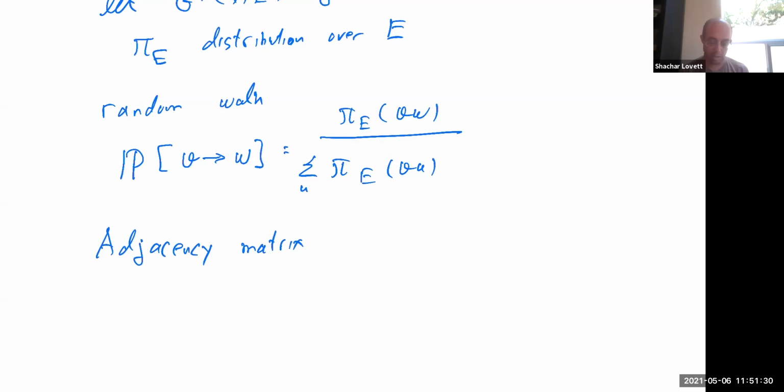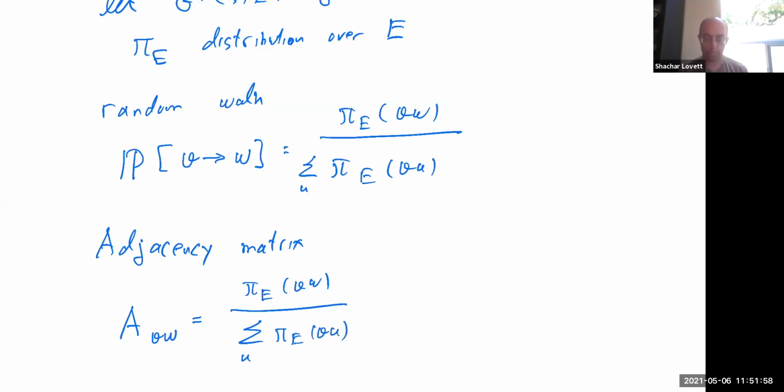I'm going to write the same expression as above, as A of V W. It's going to be pi E of V W over the sum over all U of pi E of V U. Okay, that's going to be my adjacency matrix.